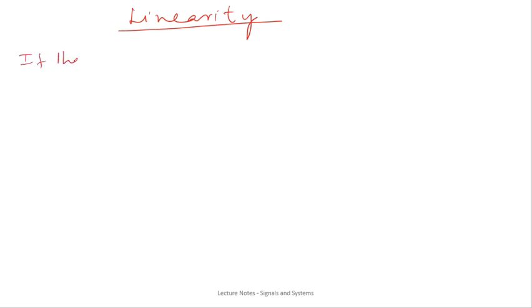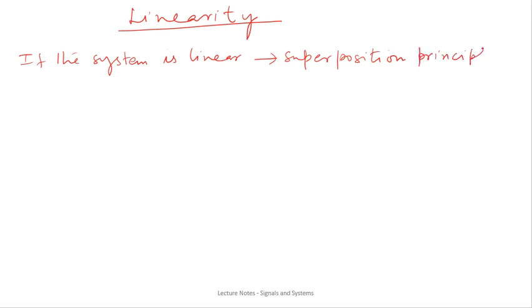Okay, so if the system is linear, then what does it mean? It means that the superposition principle can be applied.